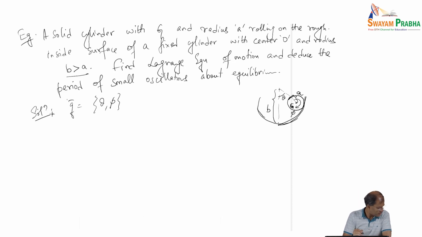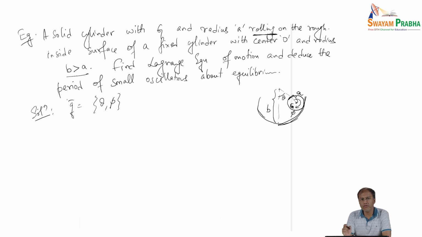The other issue we have to worry about is whether there is any kinematic or geometric constraint in the problem. It turns out that the smaller cylinder is rolling inside the larger cylinder, and it is already given that it is rolling.